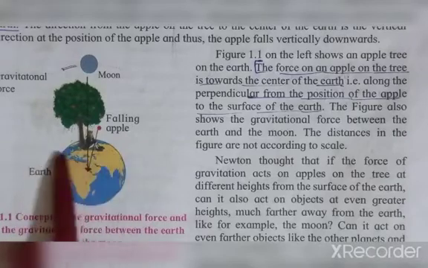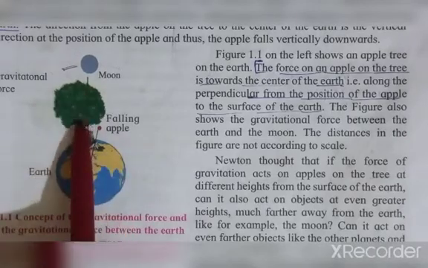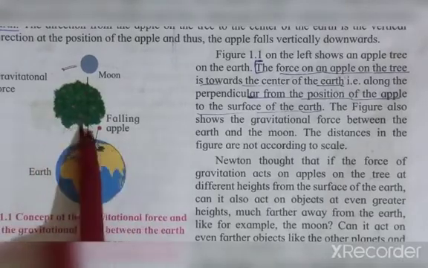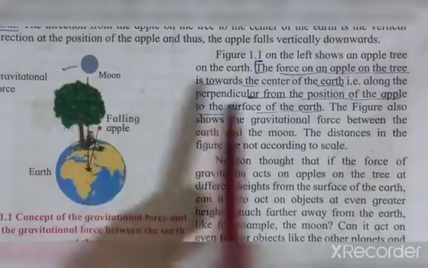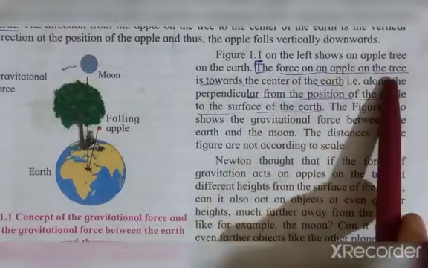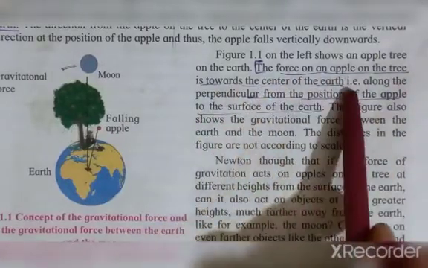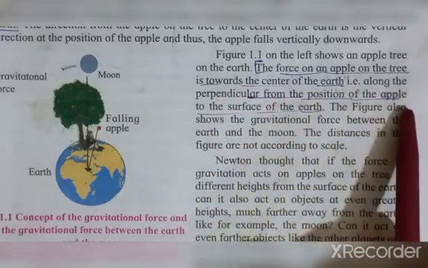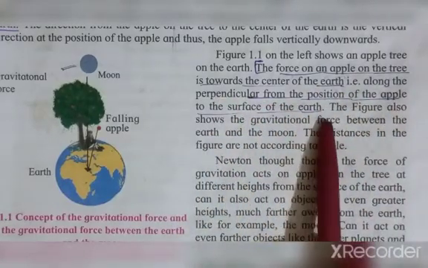Okay, this is the surface of the earth, and apple is falling vertically downward. So this direction and the surface forms 90-degree angle. It means the force on an apple on the tree is towards the center of the earth, we know that, and that is along the perpendicular from the position of the apple to the surface of the earth.